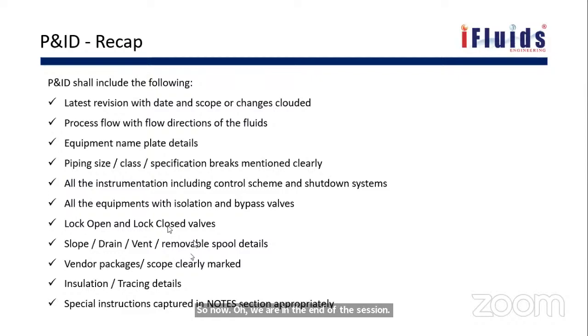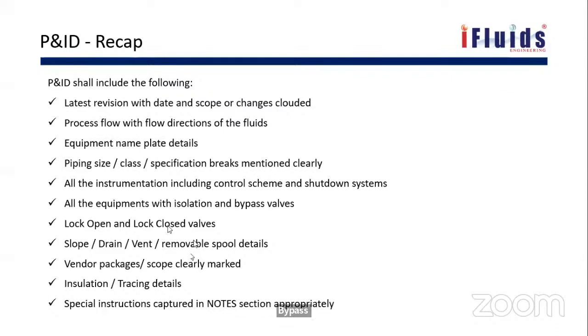So P&ID shall include the following. First and foremost, whatever document we use, any engineering document, not only P&IDs, whether it is PFD, isometrics, data sheet, it must be the latest revision with the date and scope. Process flow with flow directions, equipment nameplate details, piping, metallurgy type, specifications, all the instrumentation's control scheme, all the equipments with their respective isolation and bypass valves, lock open and lock closed valves.